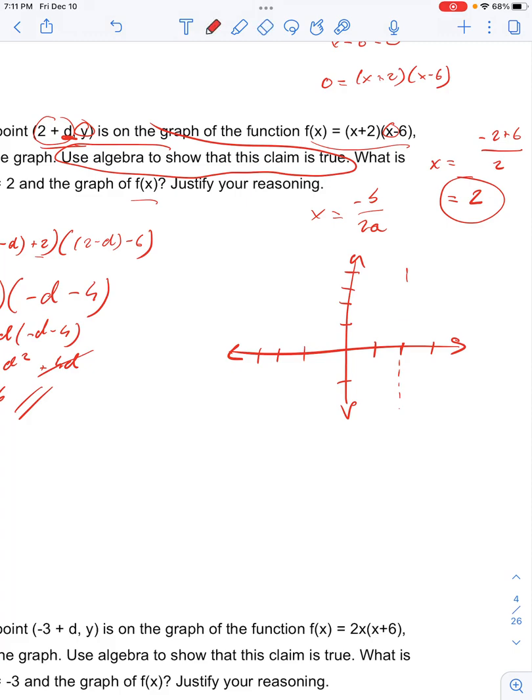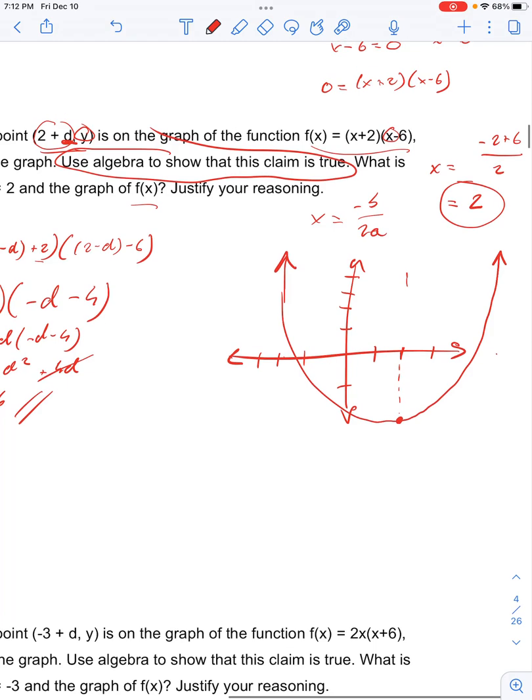My intercepts are at -2 and 6, so it's somewhere off here and here. Then my vertex would occur somewhere down here. So if we have a graph like this, and it's perfectly symmetric around this x = 2 line, if we offset by the same d value in each direction, 2 + d and 2 - d, then these points should have the same y value.